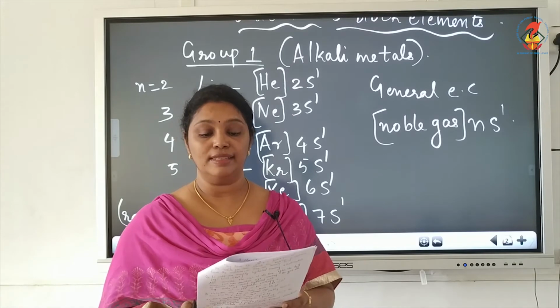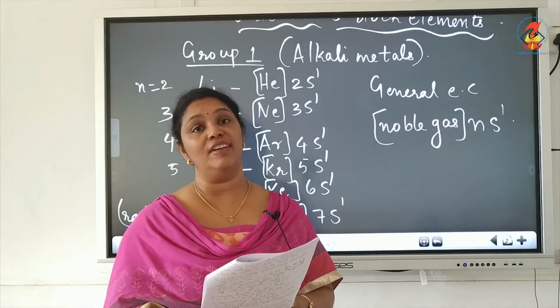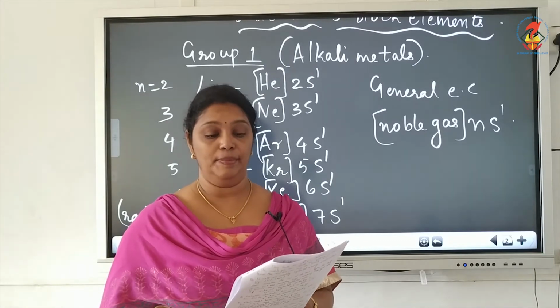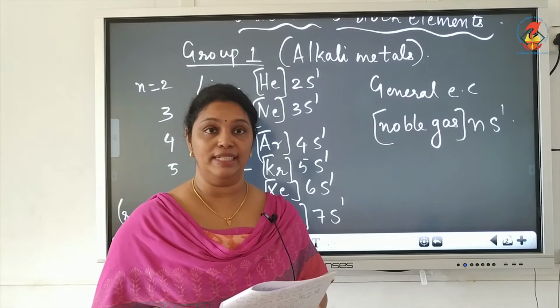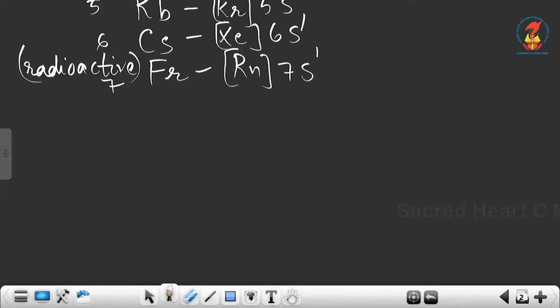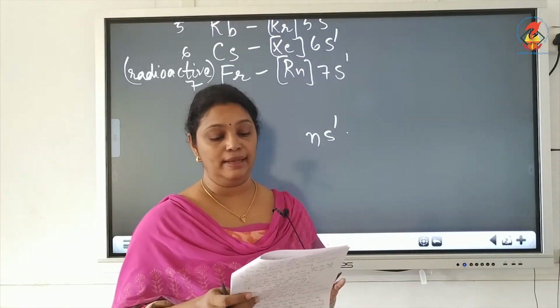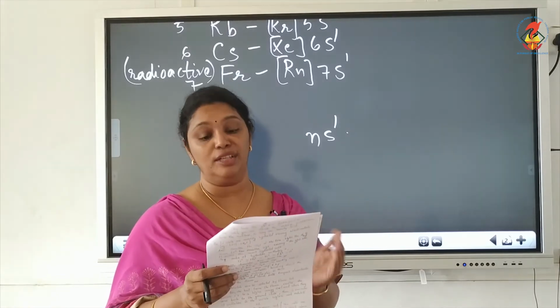Now, the question is, all the group 1 elements are the most electropositive element in the periodic table. We know that the general electronic configuration of group 1 element is ns1. So, they have only one electron in the valence shell which can be removed easily. So, that valence electron is loosely held by the nucleus.